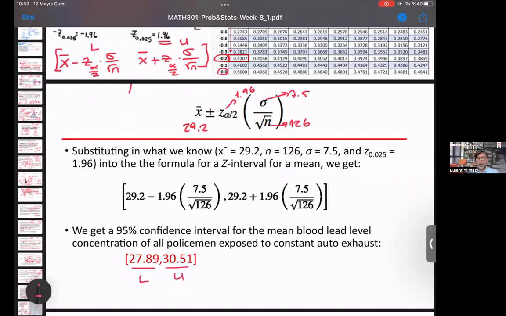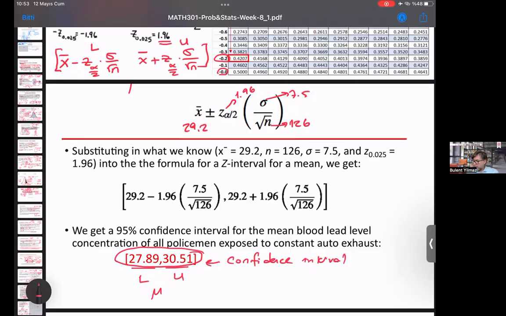Okay, what does it mean? The people who are exposed to exhaust fumes will have a mean value in this interval. My confidence interval will be between almost 27.9 and 30.